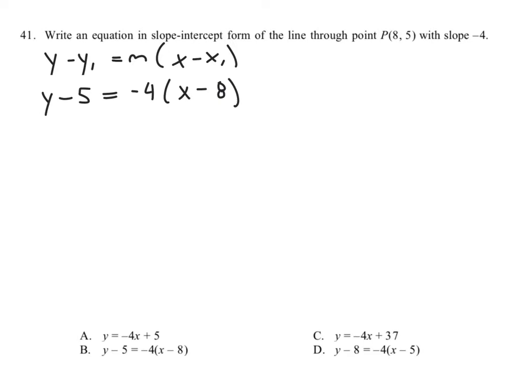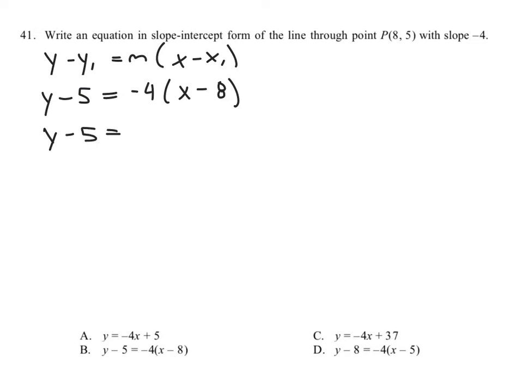Take note, in this original formula, point-slope form, the y1 gets replaced, the x1 gets replaced, and so does the slope. But this x right here doesn't change. That stays x. This y right here doesn't get replaced. It's y. Now I need to convert this over to slope-intercept form.